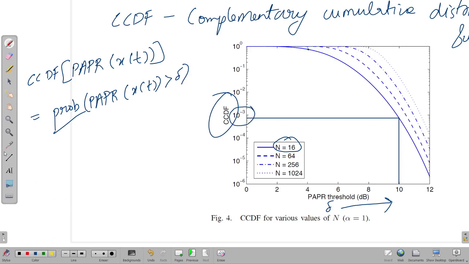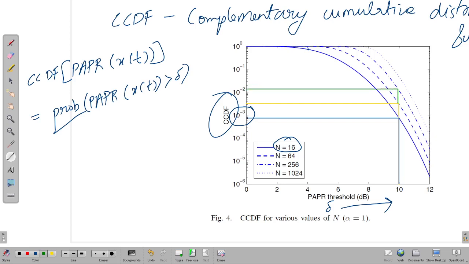But if I take N equal to 256, which is this line, for the same threshold value of 10, the probability that the PAPR goes greater than 10 is even more, somewhere close to 10 raised to minus 2.